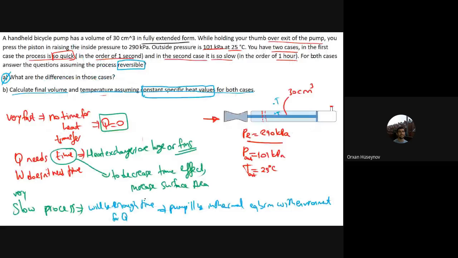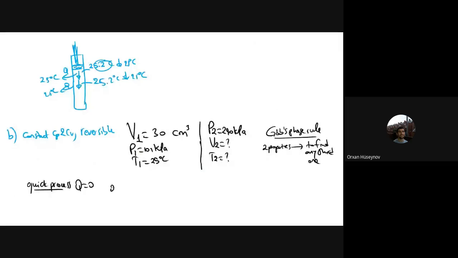So I will write the second law of thermodynamics. For the second law, you will have the change of entropy of the system equal to total in minus total out, plus also generation.